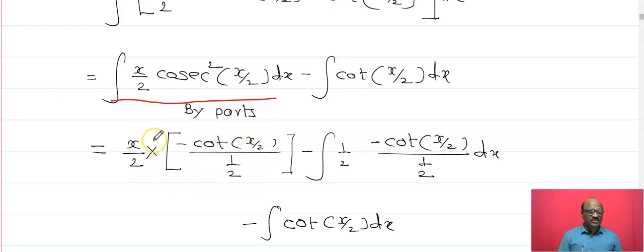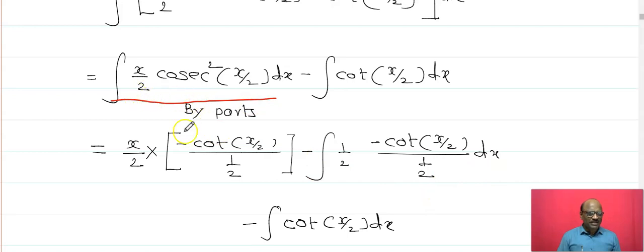This is the first function into the integral of the second, minus the integral of the derivative of the first function. What is the first function? X by 2, and its derivative is 1 upon 2. Minus 1 upon 2 into again the integral of cosec square x by 2, which is minus cot of x by 2 upon x by 2 into dx.